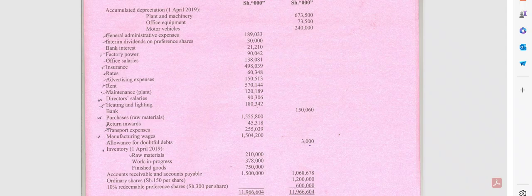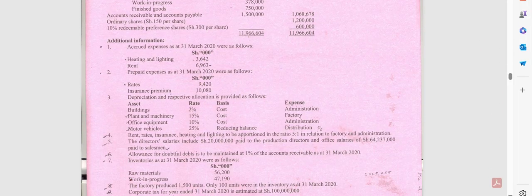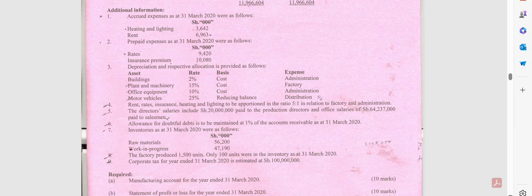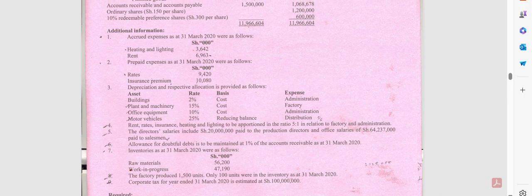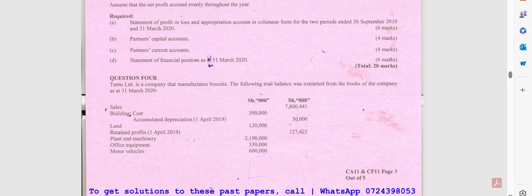What were we told about office salaries, by the way? Let us go to the additional information. The director salaries include 20,000 paid to production directors and office salaries of 64 paid to salesmen. Oh, so it means we have directors in office.